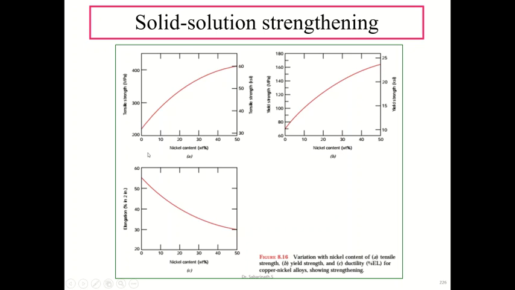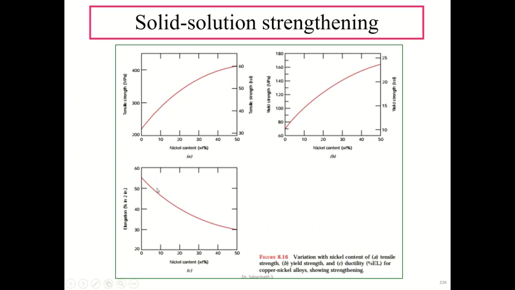You can see here, as the percentage of the nickel content increases in a copper nickel alloy, the tensile strength will also increase, and also the yield strength will also increase here. But here we can see the ductility or the percentage of elongation will be reduced.